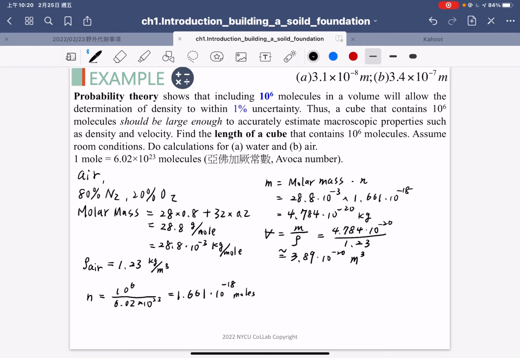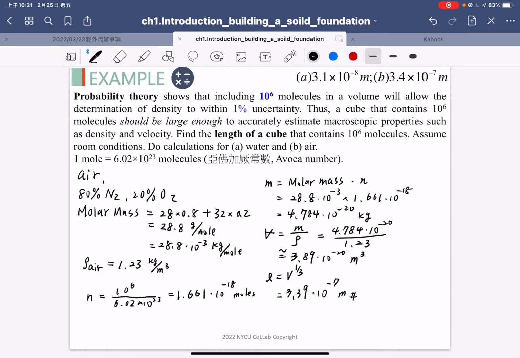There is a simple way. We just take the cubic root of the volume, and then we can have the final answer. We take the cubic root, and the answer is around 3.38, maybe 3.39, times 10 to the minus 7 meters.